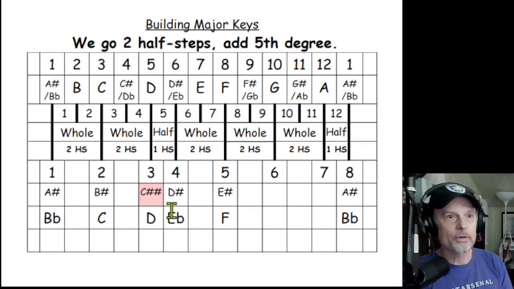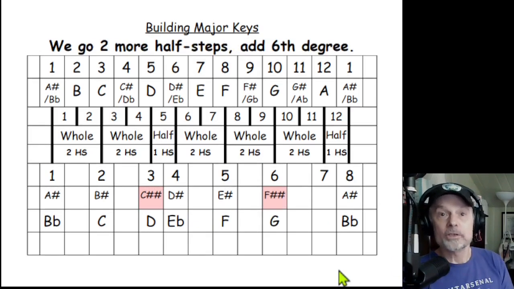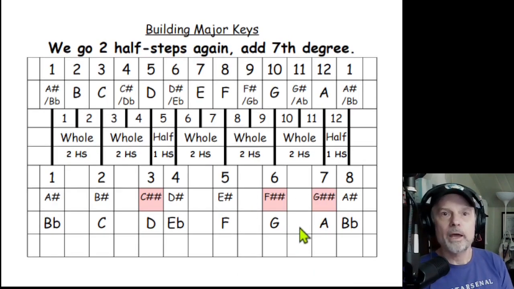The fifth requires us to write an F as an E sharp, much like we did with the second degree. The sixth degree uses another double sharp. And finally, the seventh degree also. We now have 3 double sharps.